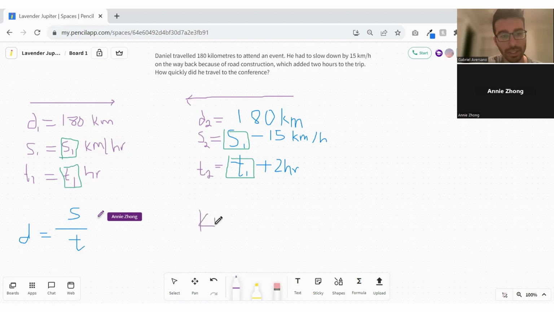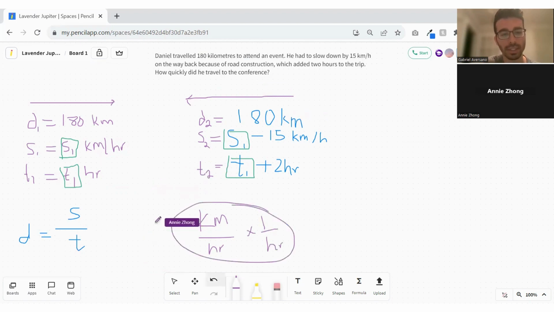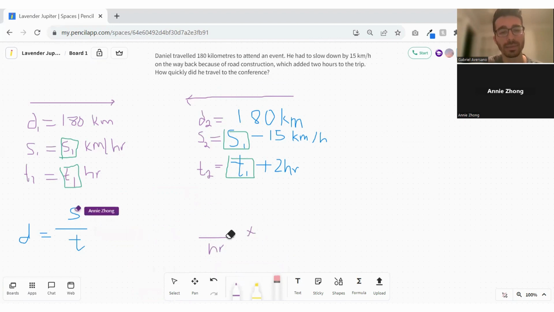So kilometers per hour divided by hours is like multiplying by 1 over hours. So it's not canceling out here. So I would need to multiply them together. Let me change this one.